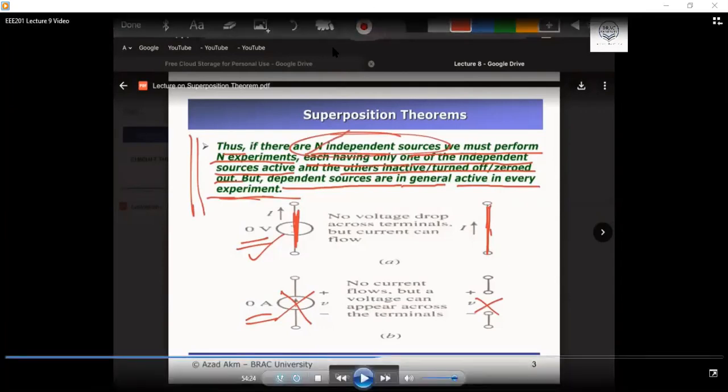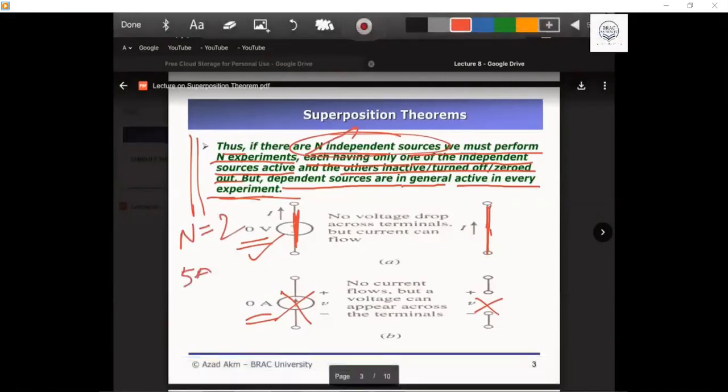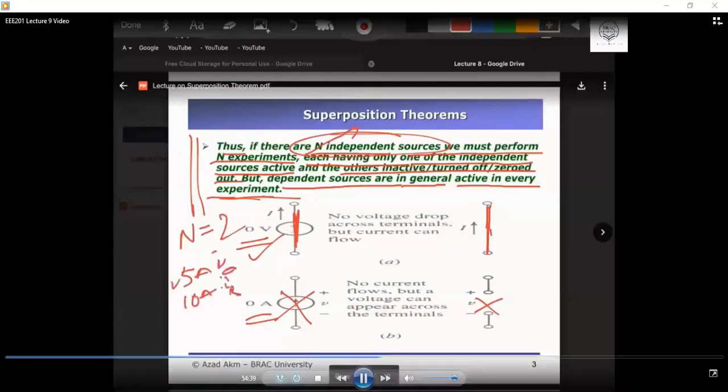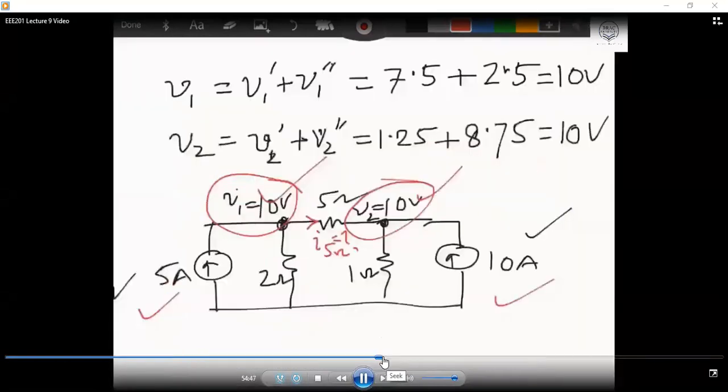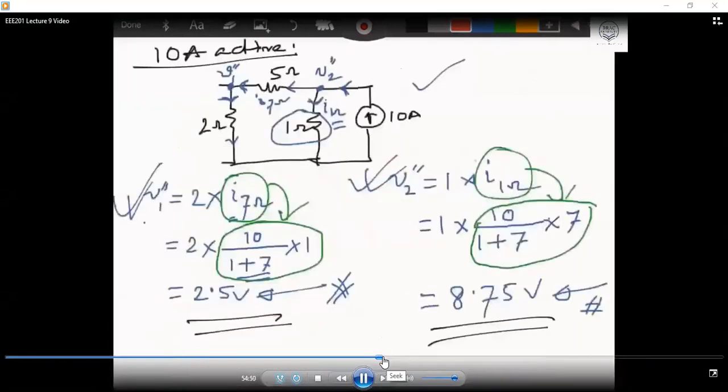Yes, Sifat Jahan. The 2. Good, excellent. 2, good. One is a 5 ampere current source with a resistor, another one is a 10 ampere current source, IA, IB. Remember? So these are the two independent sources. So the n value is 2. N number of independent sources means n experiments, so there are 2 experiments we have done.